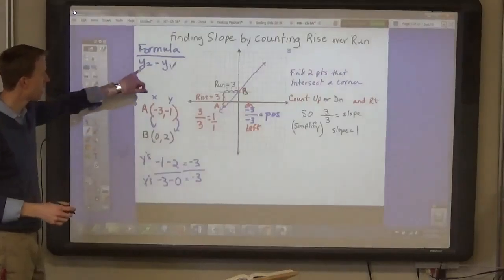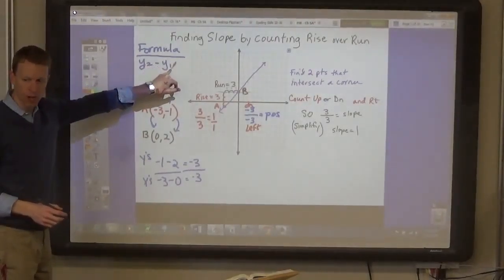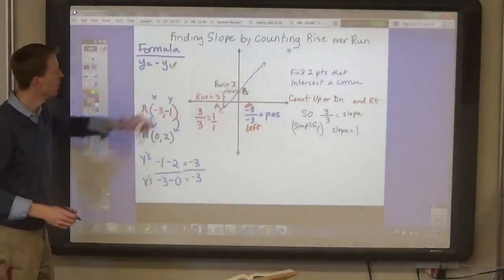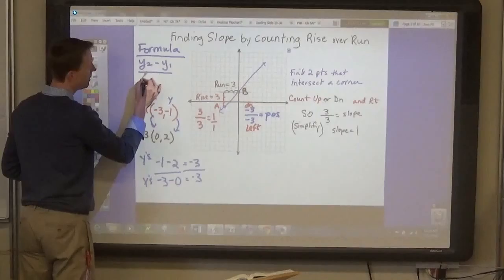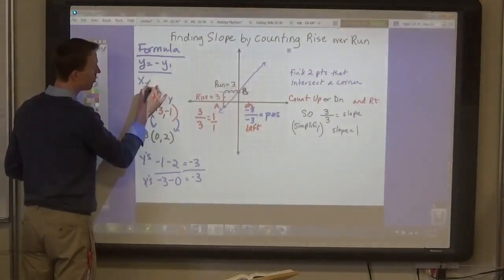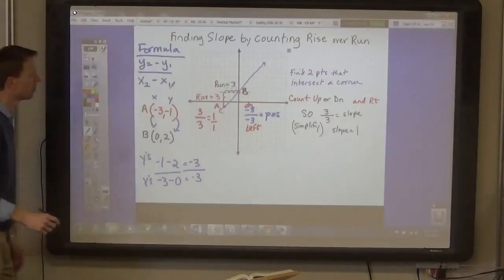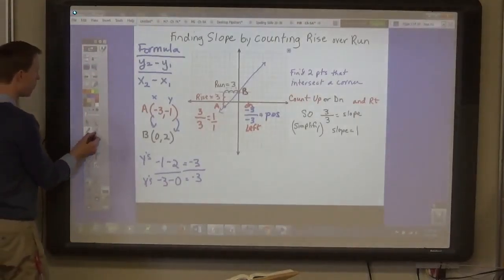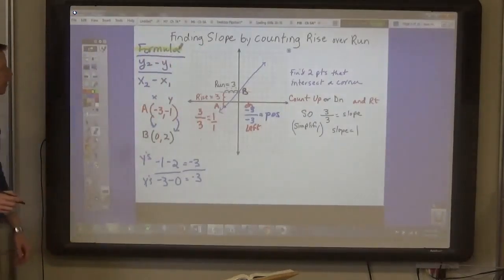In other words, the second coordinate of y minus the first coordinate of y, over the second coordinate of x, so x2 minus x1. This is the formula for the slope.